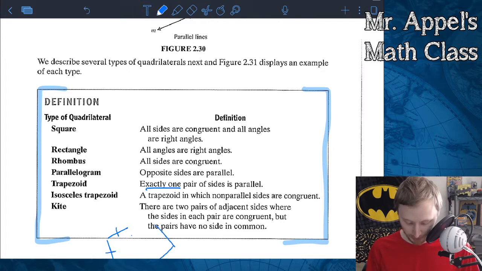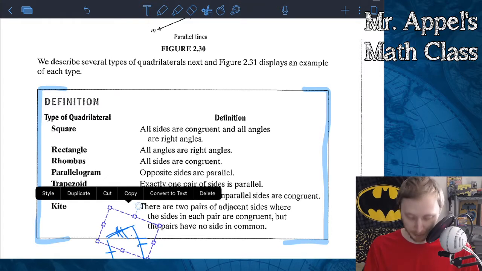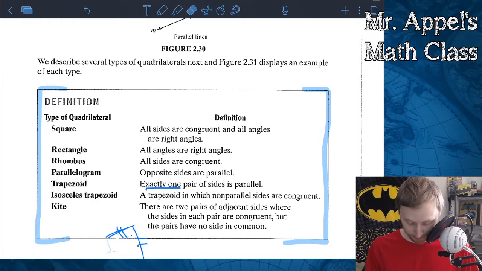So this is congruent to that, and this is congruent to that. We've got the two pairs, but the pairs have no side in common. So I have two unique pairs. It's not that this pair is actually, secretly, the same two sides the whole time. Right? Can't have that.